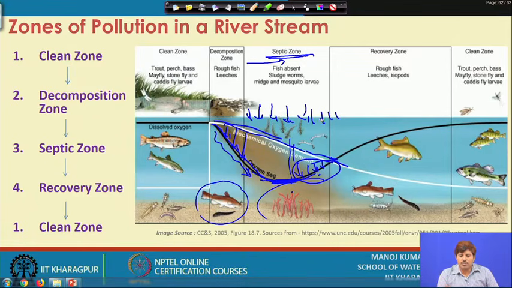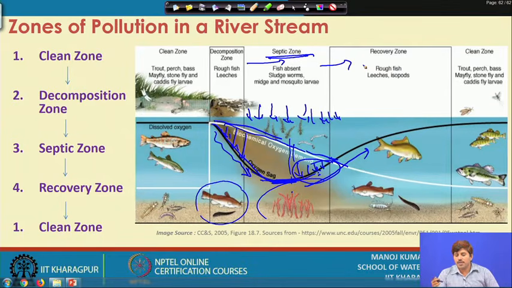So, the amount of dissolved oxygen coming into the water exceeds this rate, and as a result the dissolved oxygen again starts building up. The dissolved oxygen concentration starts increasing, and then we enter the recovery zone, where the river is trying to recover back to the clean zone or natural conditions.